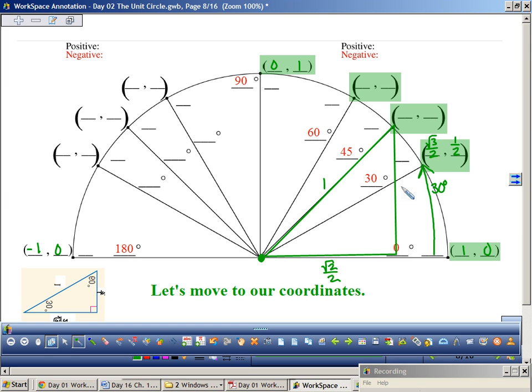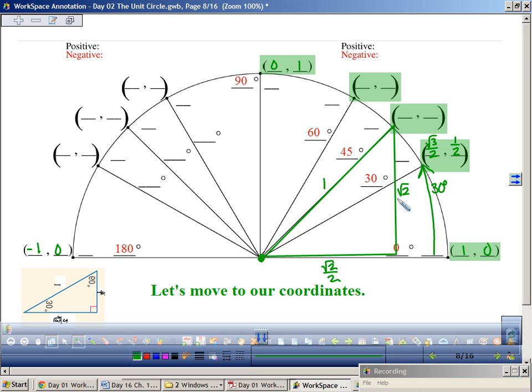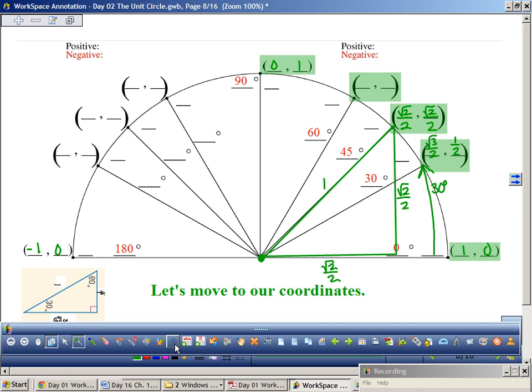Square root 2 over 2, and what's this side? Square root 2 over 2, so what's this coordinate? Square root 2 over 2, what's this coordinate? Square root 2 over 2, right? What would this one be? That would be 1/2 and then radical 3 over 2.